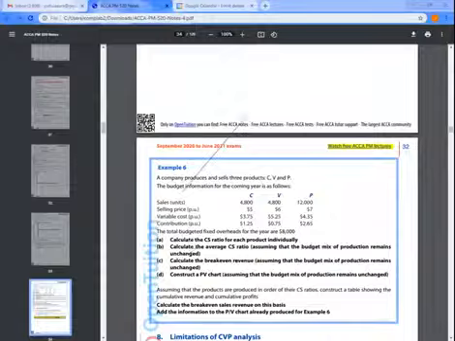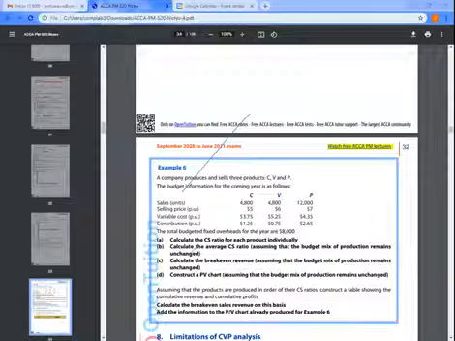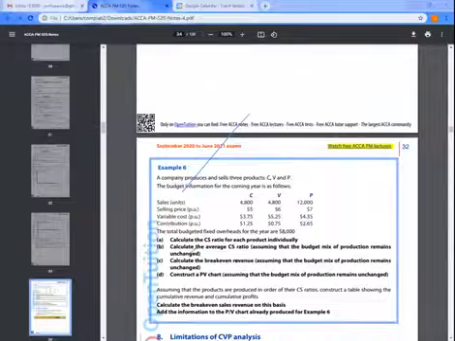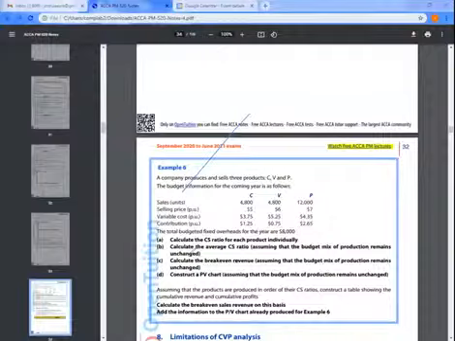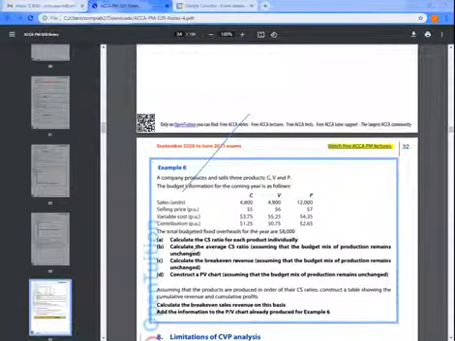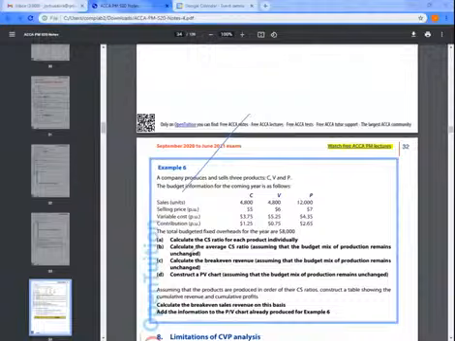So just check. Calculate the average CS ratio, assuming the budget. Let me repeat this very fast.